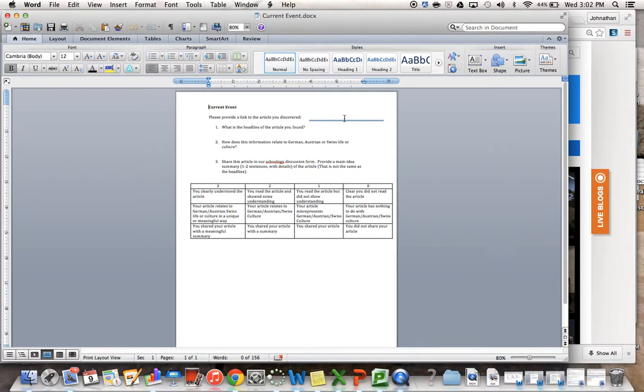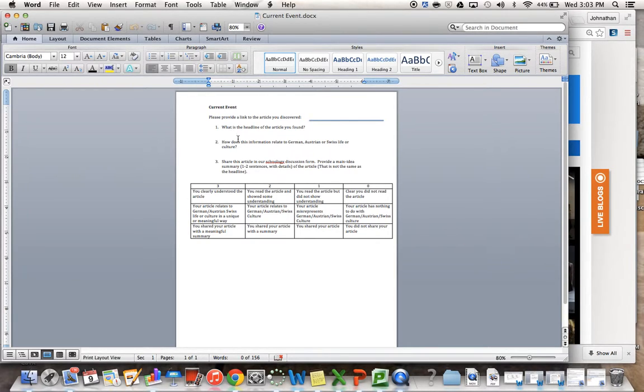So please provide a link, make sure they have a link so that I can go and look at where they found their information. What is the headline of the article? I just want this so that I know they're paying attention to headlines, a basic start to get their thinking process started.